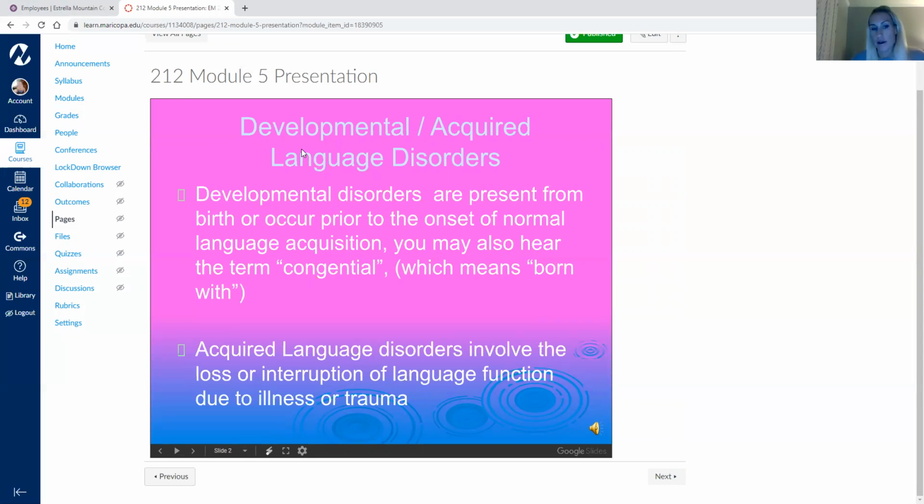Do they have something else? Typically, we're looking at your average receptive language delayed young child, and we say it's a developmental disorder. And then acquired language disorder is when something happened that caused difficulty.